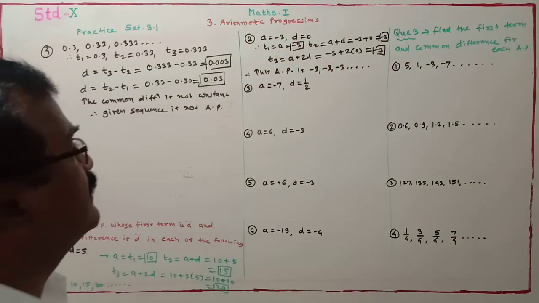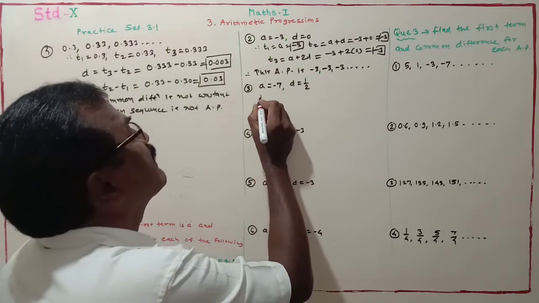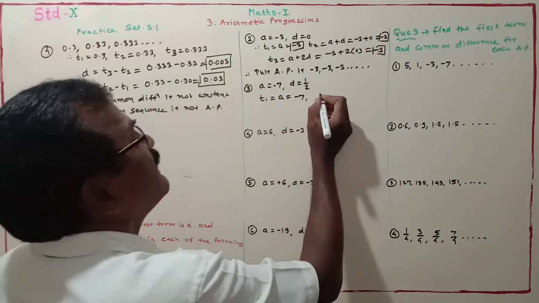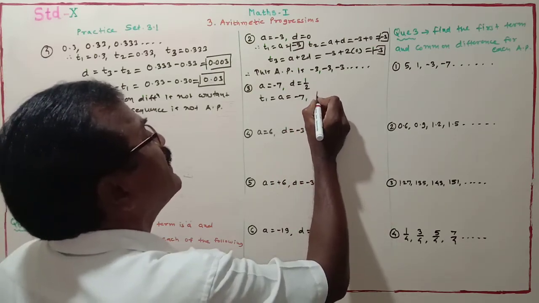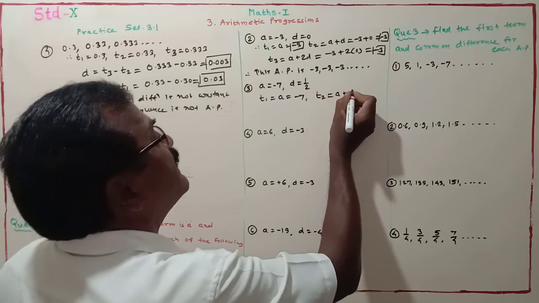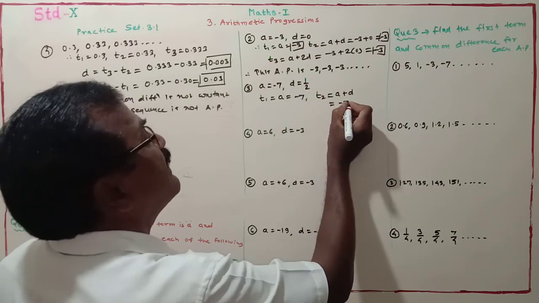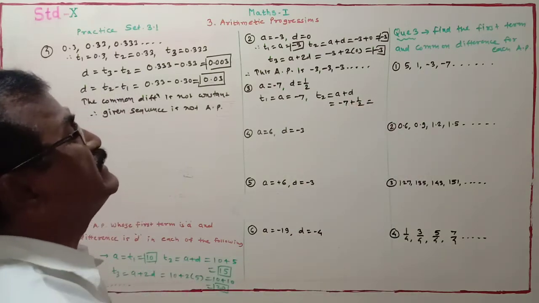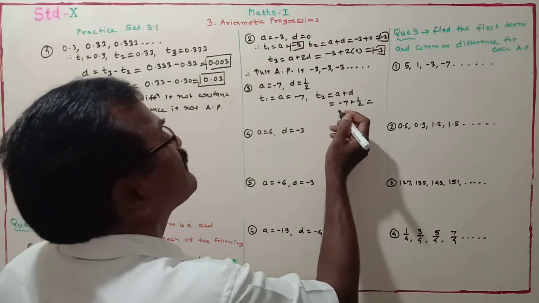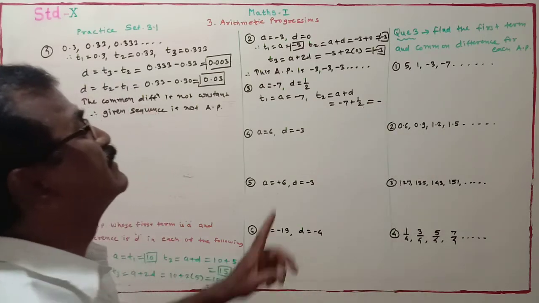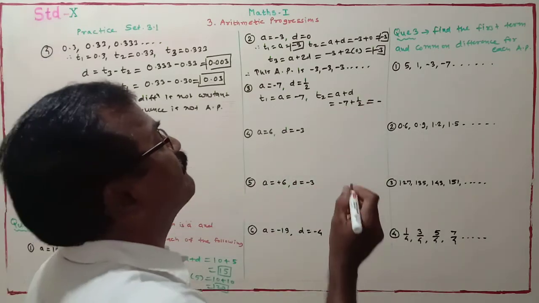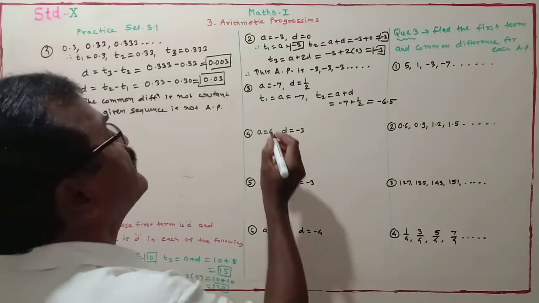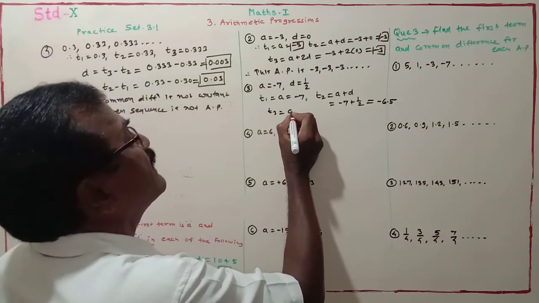In the fourth example, T1 is equal to A is equal to minus 7 and T2 is equal to A plus D. A is minus 7 plus 1 upon 2, means the sign is minus, 7 minus 0.5 is 6.5. T3 is A plus 2D.